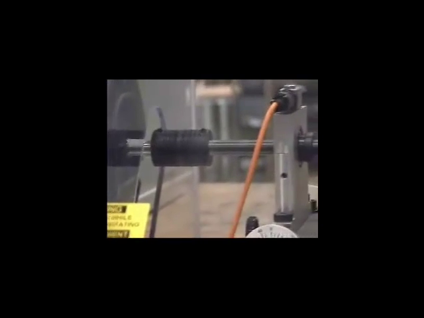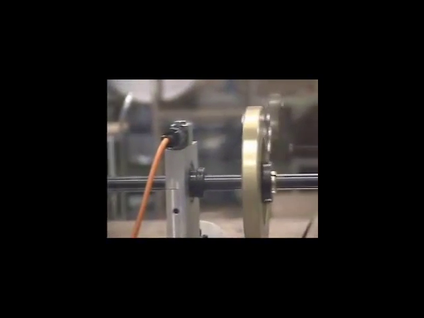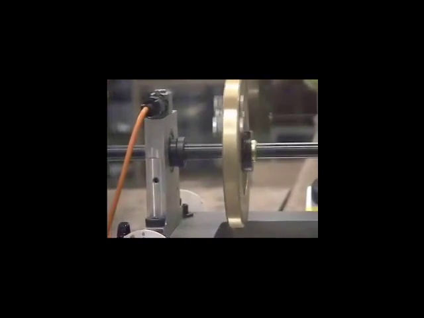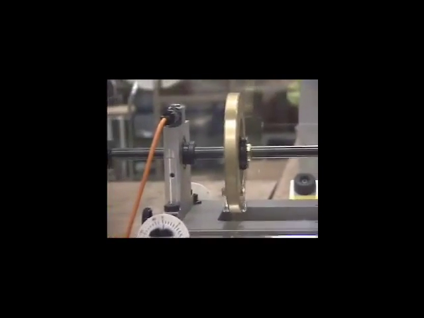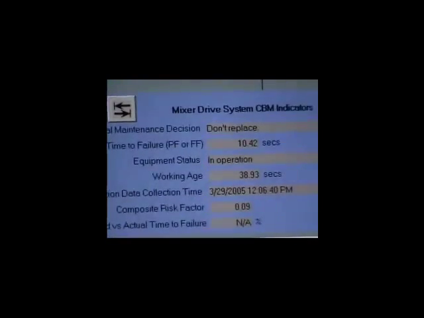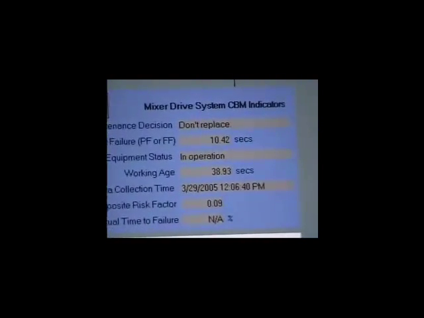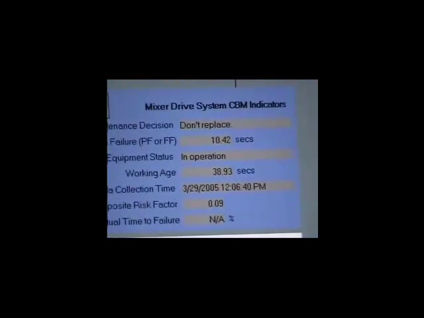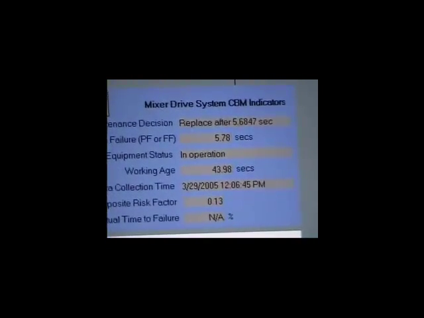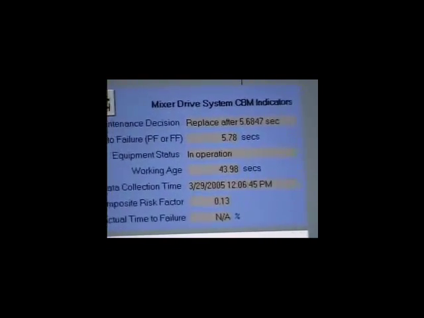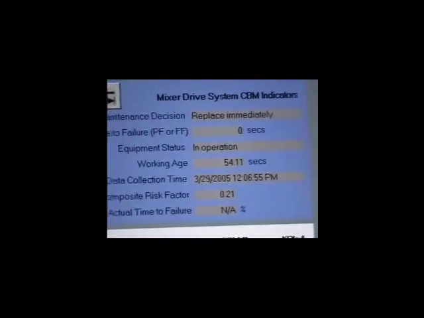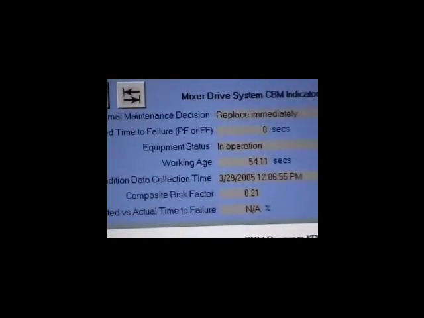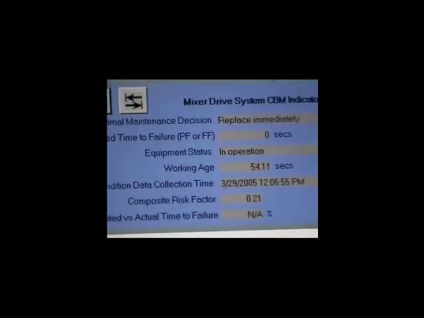The life of an item subject to a failure mode proceeds. Each reading of the data is called an inspection. At each inspection, an intelligent agent program estimates the remaining useful life. Eventually, it advises to preventively replace or repair the item.